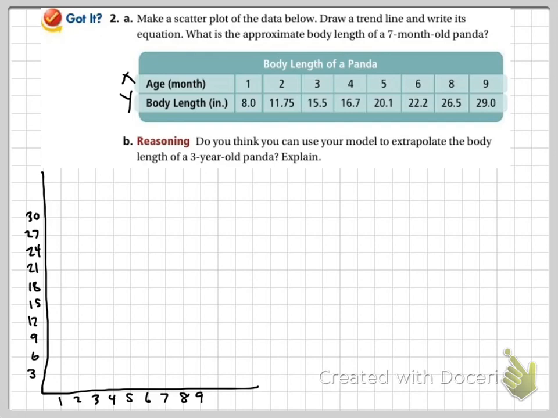Okay, so we've got the point 1, 8, 2, and almost 12, right? 11.75.